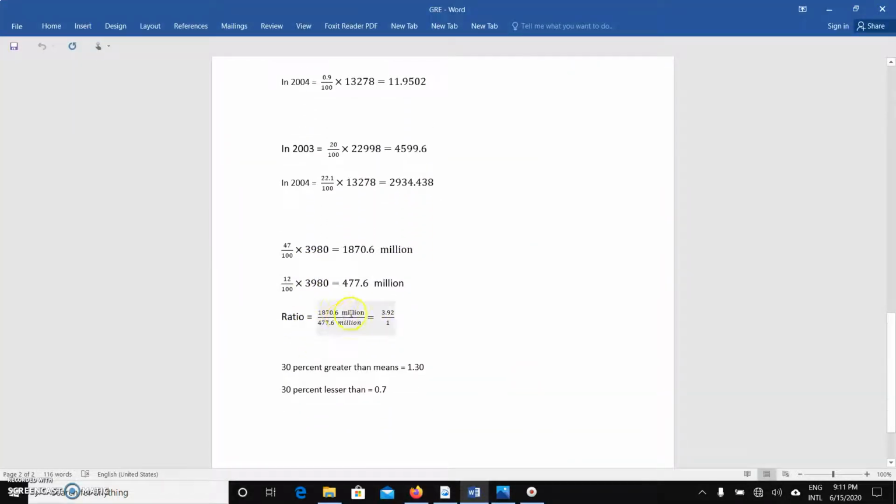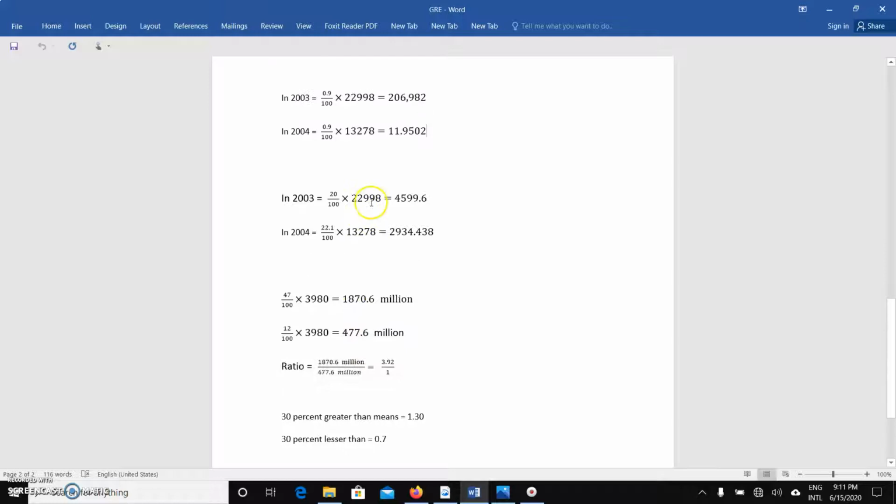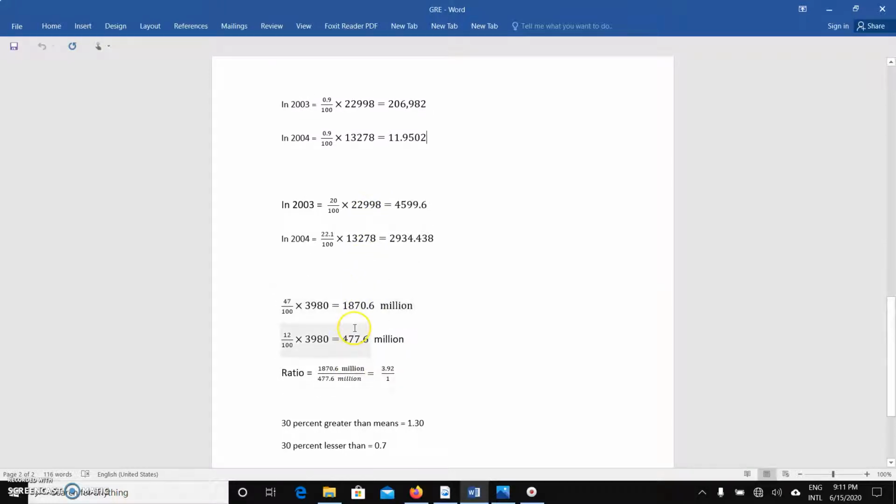Check it. This is what I did here. 20% for the first one, I had this, and then 2.1% of this for 2004, I had 2,983.43.